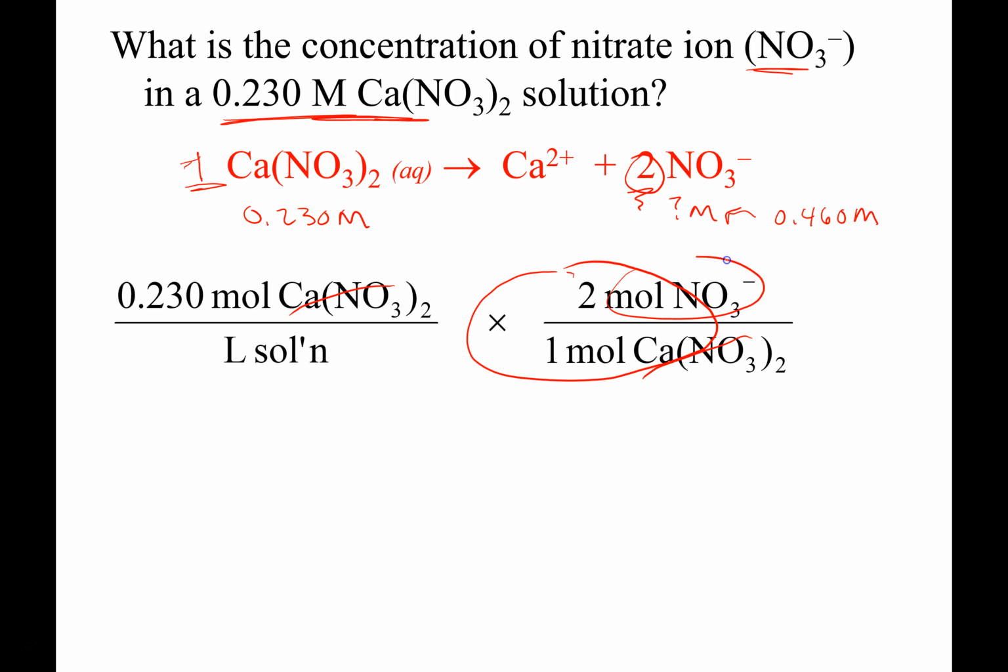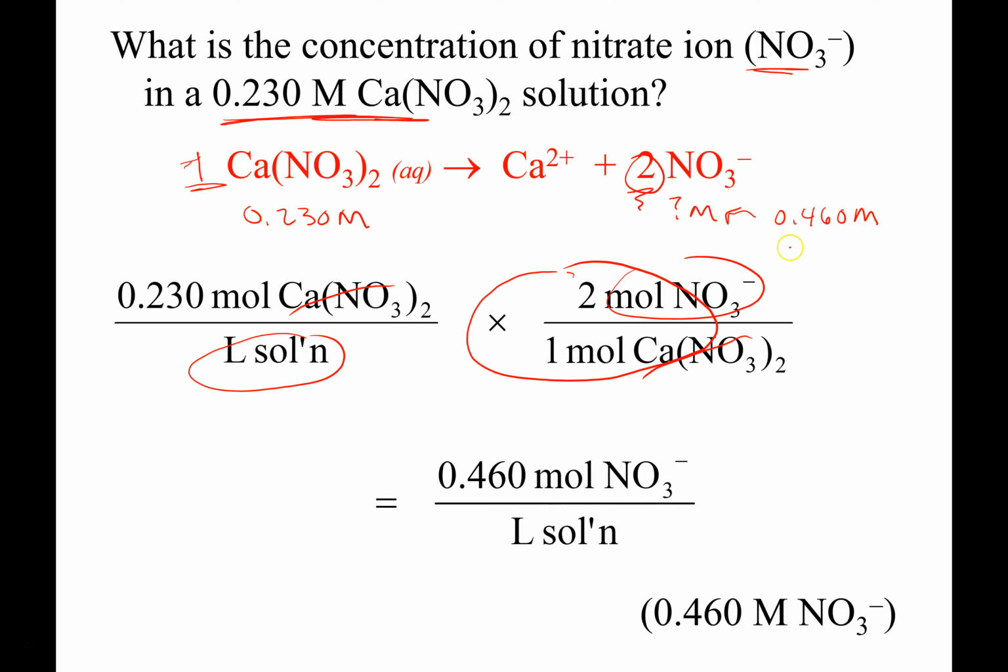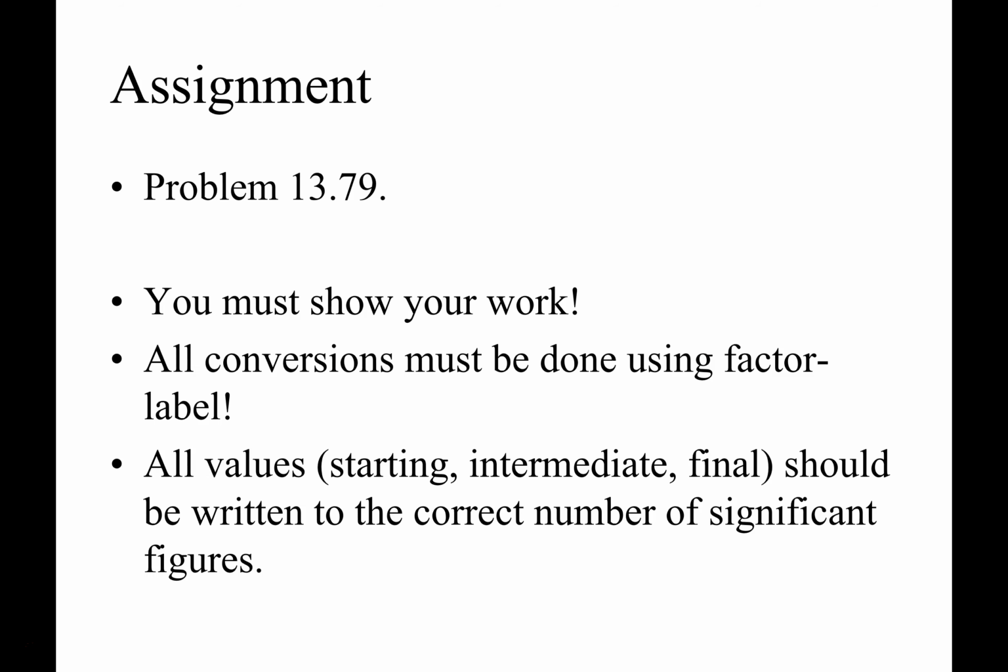We're left with moles of the nitrate per liter of solution, which is molarity. So yes, we were right the first time just by inspecting it, but you need to be able to do something like this. It's just another stoichiometric calculation, using the balanced relationship when something dissolves. So this will be due on Monday.